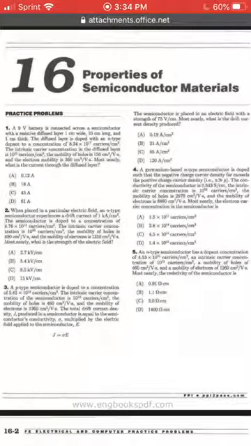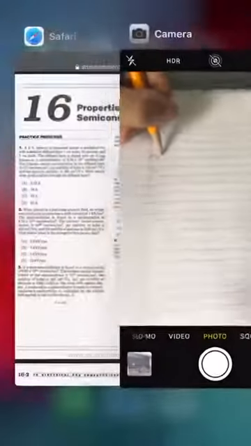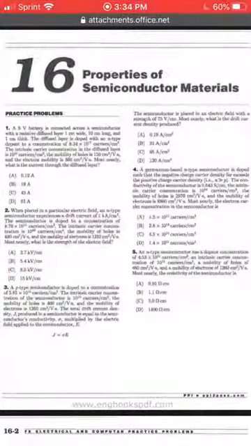And our hole mobility is going to be 490, and our electron mobility is going to be 1310. And our drift current J is going to be 1000.